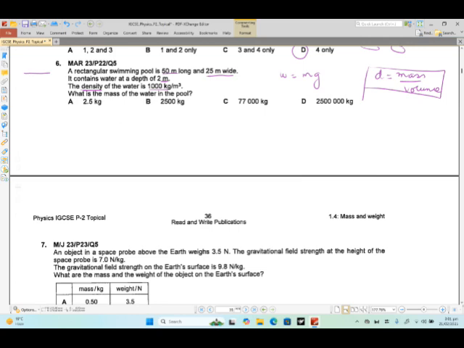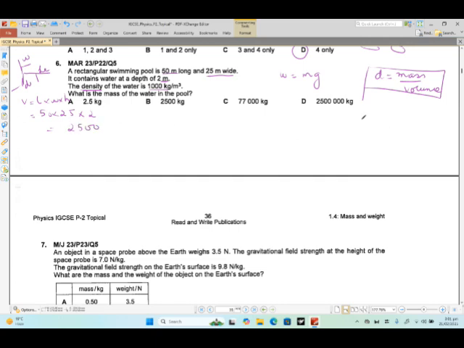So we have the three dimensions that we need, length, width, and depth, to find the volume, because volume is equal to length into width into height. So 50 into 25 into 2 would give us 2500.